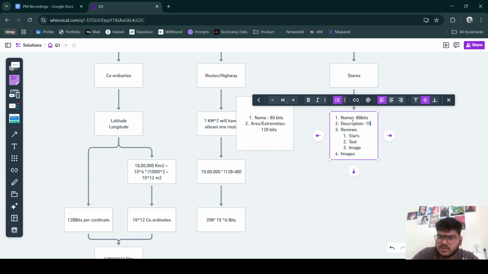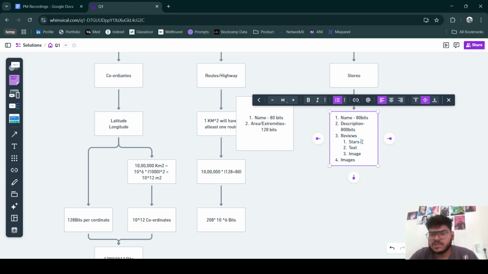So if I'm assuming 20 words, and per word there are 5 characters, so 100 characters, 100 into 8, so it will be around 800 bits.